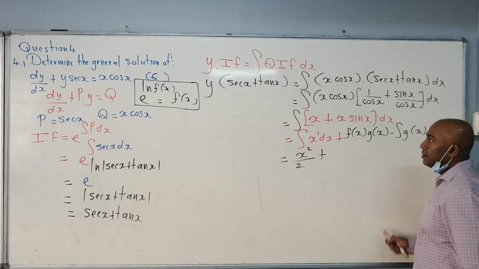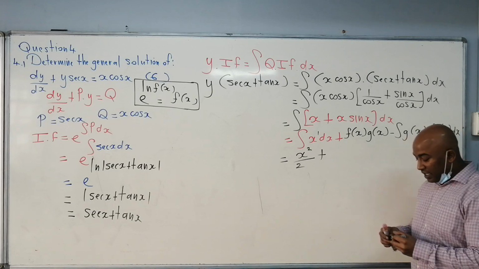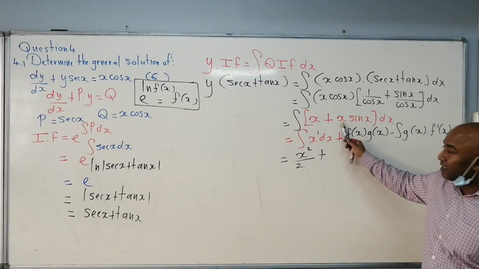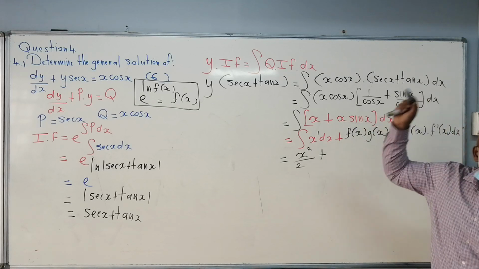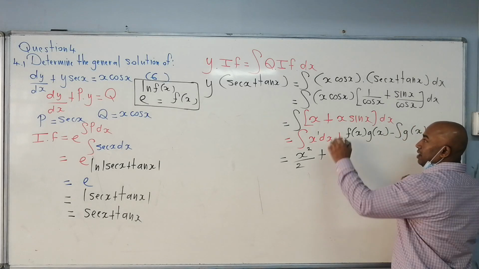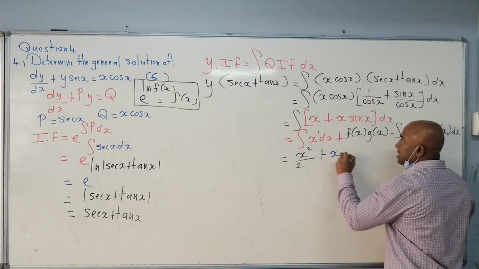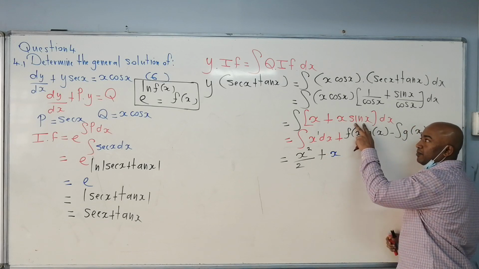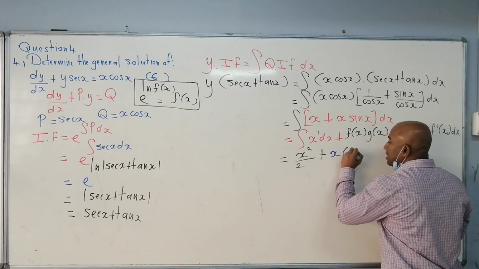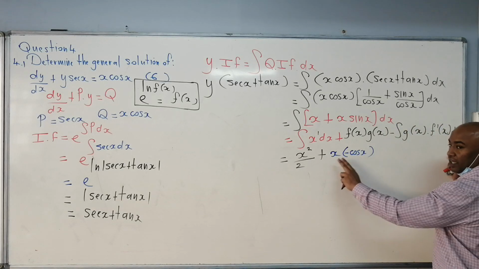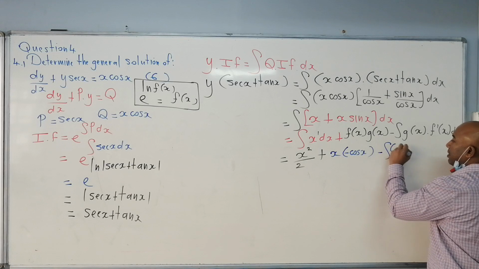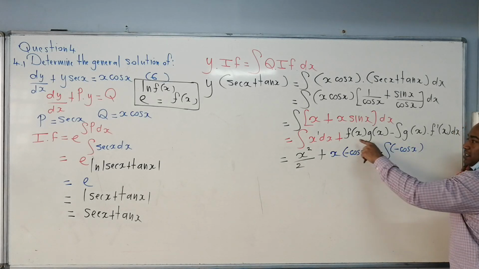Here, my f of x, remember integration by parts, you go to your priority list. And x is number 3, sine is number 5. So number 3 must be chosen as f of x. Therefore, f of x is x. This is going to be g prime. So when I find g, when you integrate sine, it is minus cos. So that's f times g minus the integral of g, which is minus cos, times f prime.